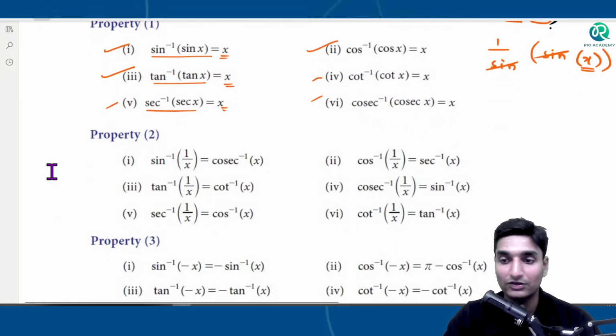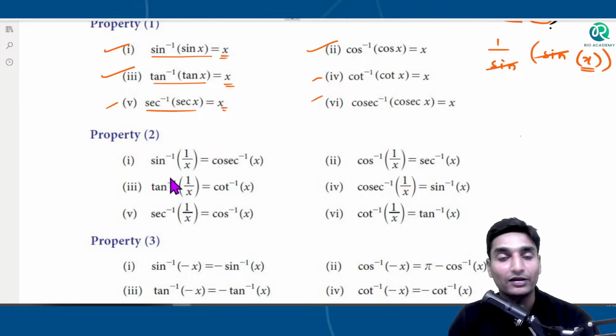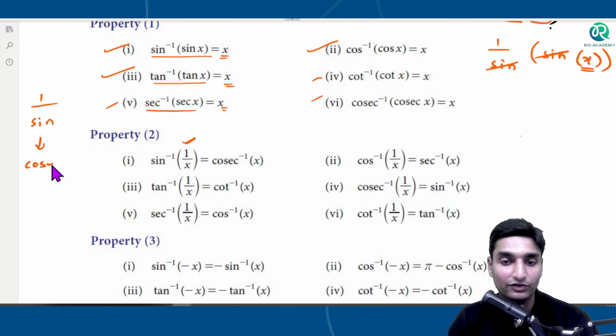Coming back to the second property, guys, it basically deals with reciprocal values. Reciprocal values of the inward function here. Sine inverse of 1 upon x. See, what is the reciprocal of sine? Basically in trigonometry, the reciprocal of sine is nothing but cosecant.